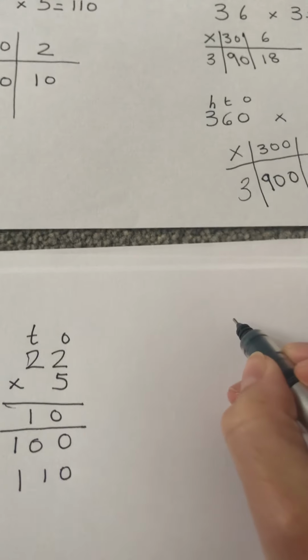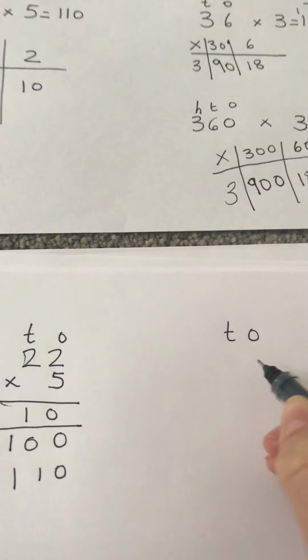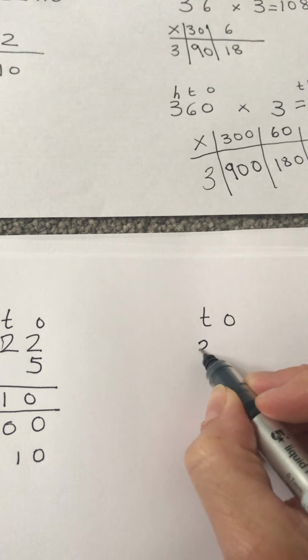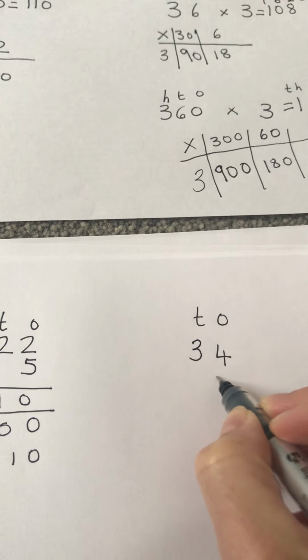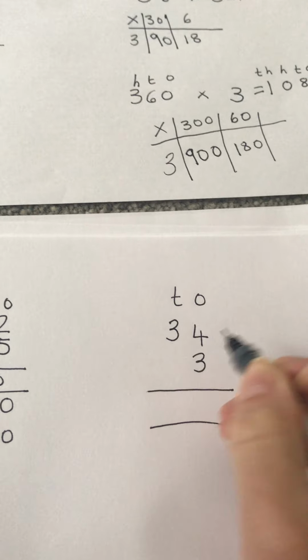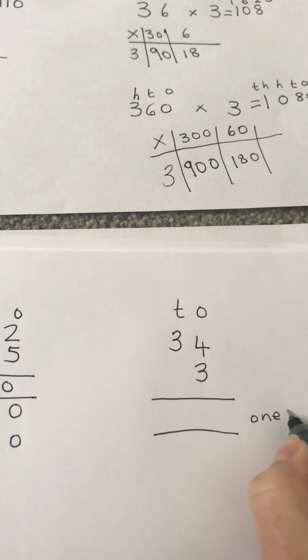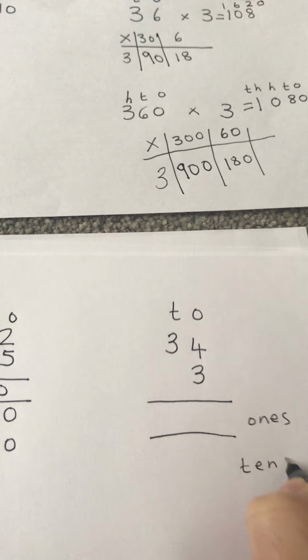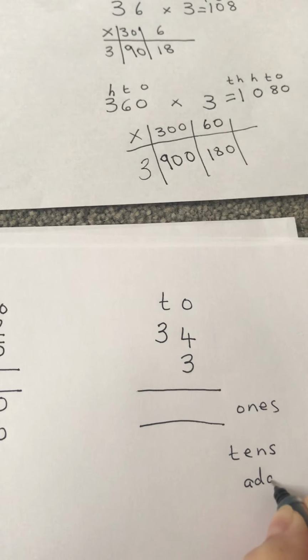Okay, so I'm going to do another one like that with tens and ones, so I'll do 34 times 3. So I'm going to do the ones first, and then the tens, and then add together.